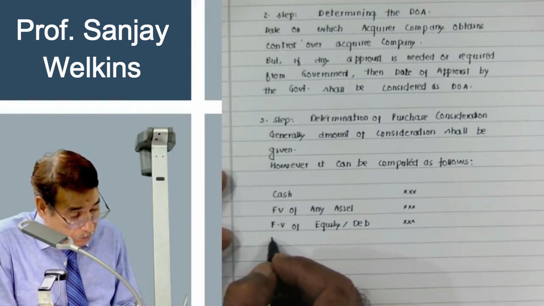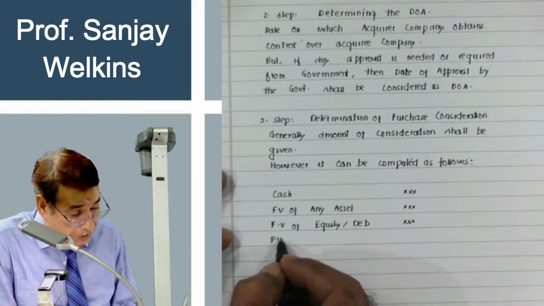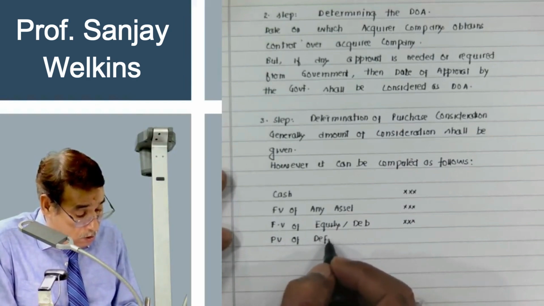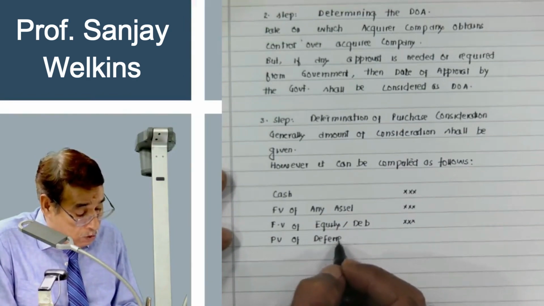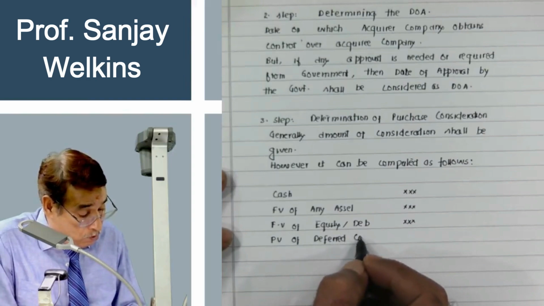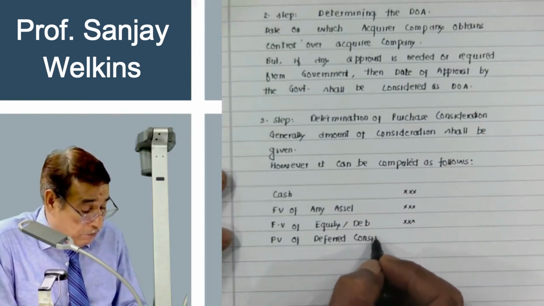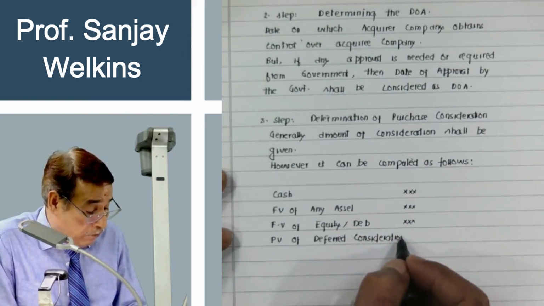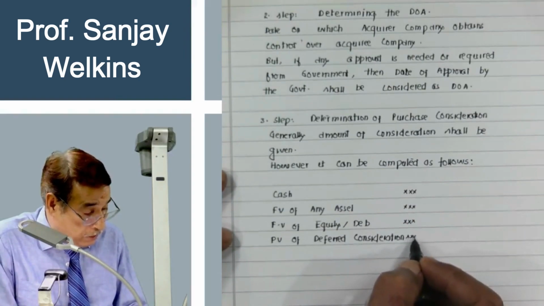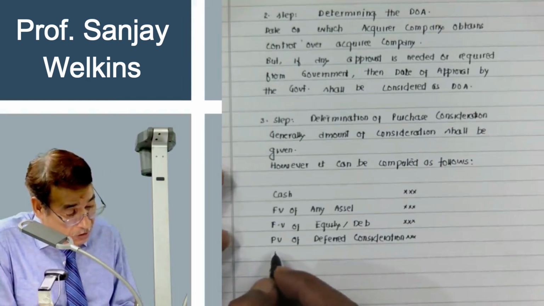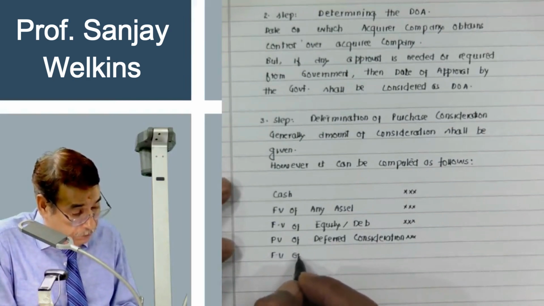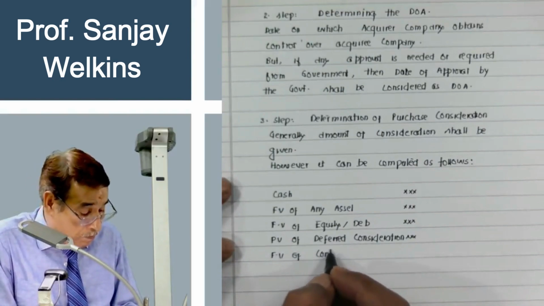Similarly, the present value of deferred consideration. We will talk about it, but we have kept a separate section regarding deferred consideration. When I take that topic, I will explain deferred consideration. Similarly, the fair value of contingent liability.